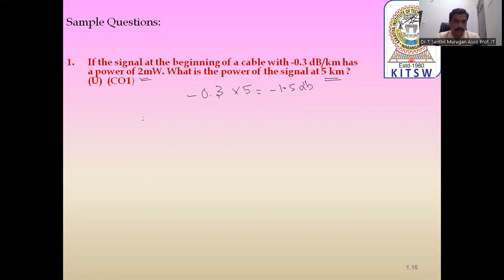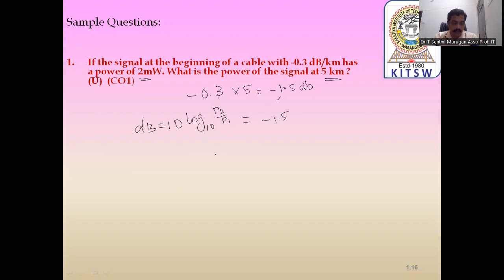Decibel equals 10 log 10 of P2 by P1, where P2 is the output value and P1 is the input value. The value given here totals minus 1.5, which is what we receive.